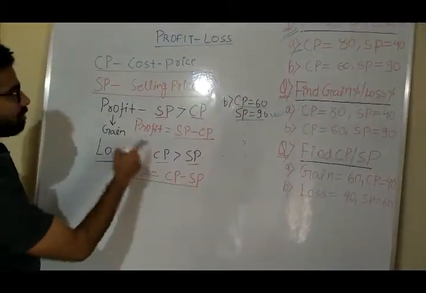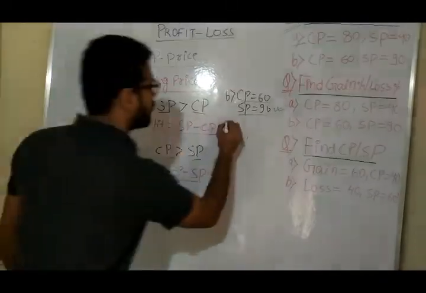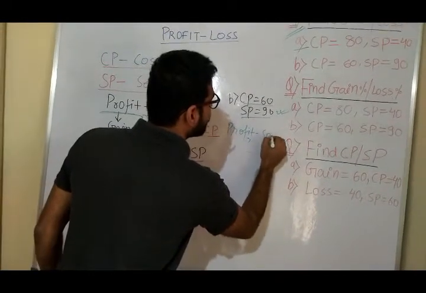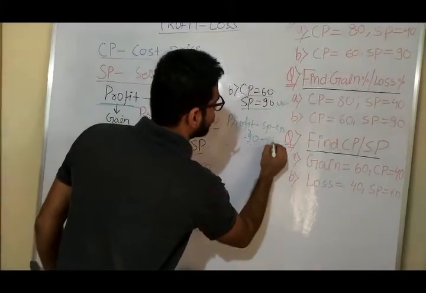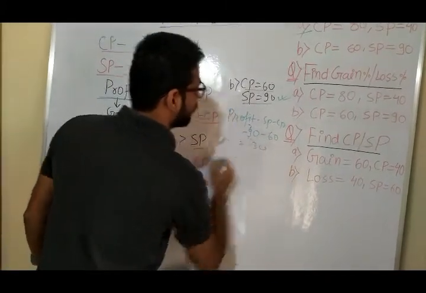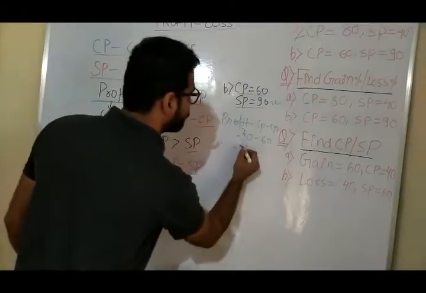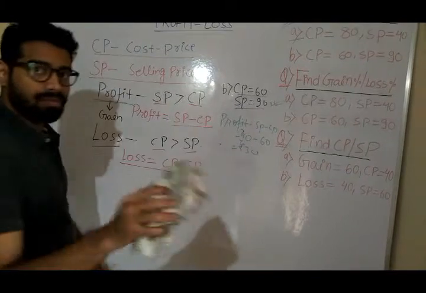SP is greater than CP, so it is profit. Profit is equal to SP minus CP, and SP is 90 and CP is 60, so it is 30. Suppose it is rupees, so it is 30 rupees profit. So you understand the concept of profit and loss.